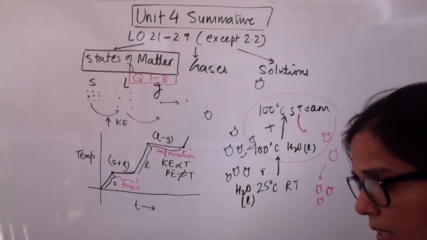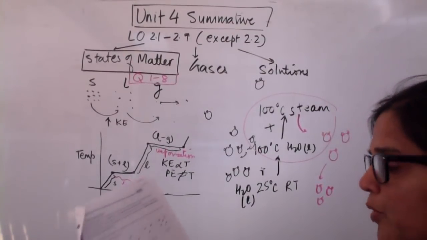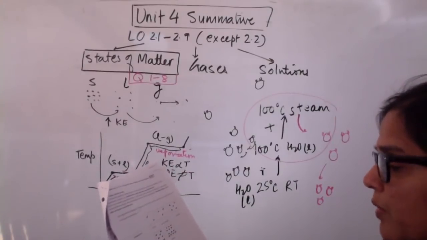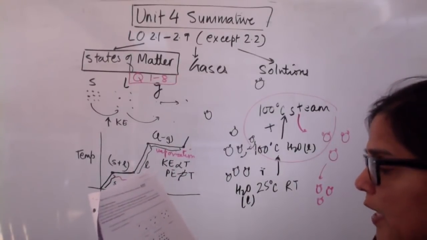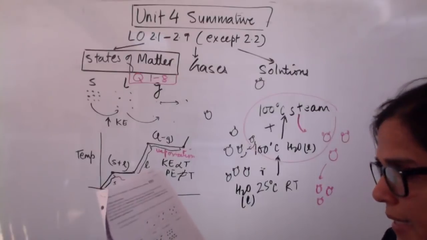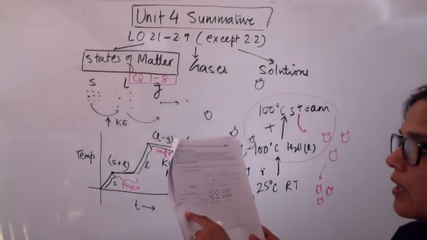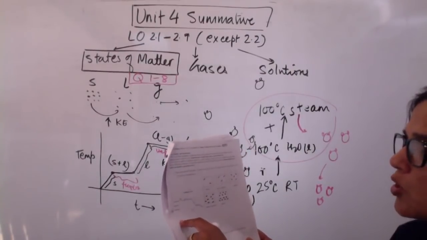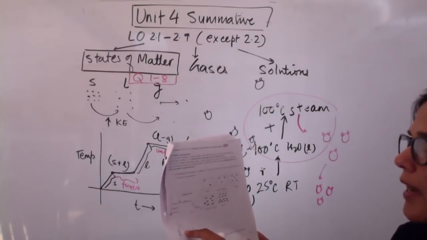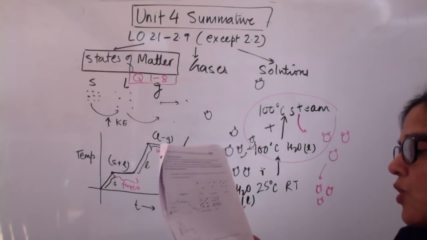Number 2 says, the cooling curve for a pure substance as it changes from liquid to a solid is shown above. The solid and liquid coexist. So here you are cooling it. So this is liquid and you cool it and then it turns to solid.